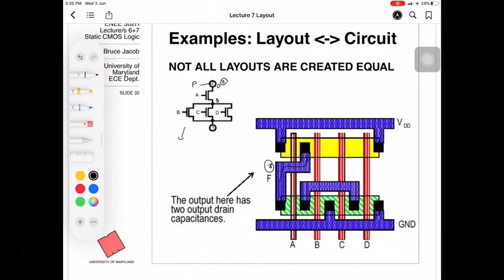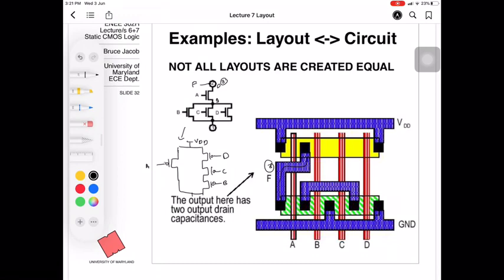The NMOS circuit has A in series with B, C, D. So now what we have to do is, you have A in parallel with B, C, and D. This is connected to VDD. This part is connected to F.